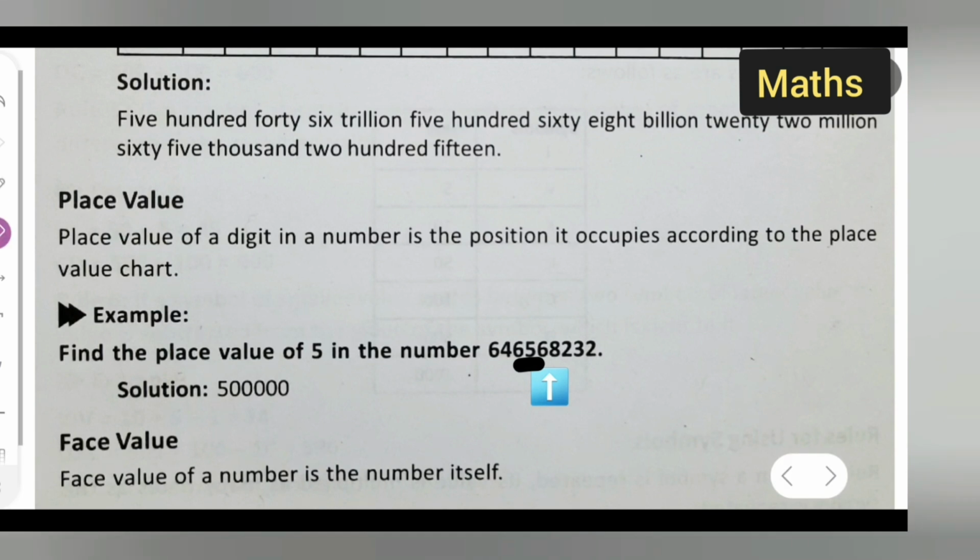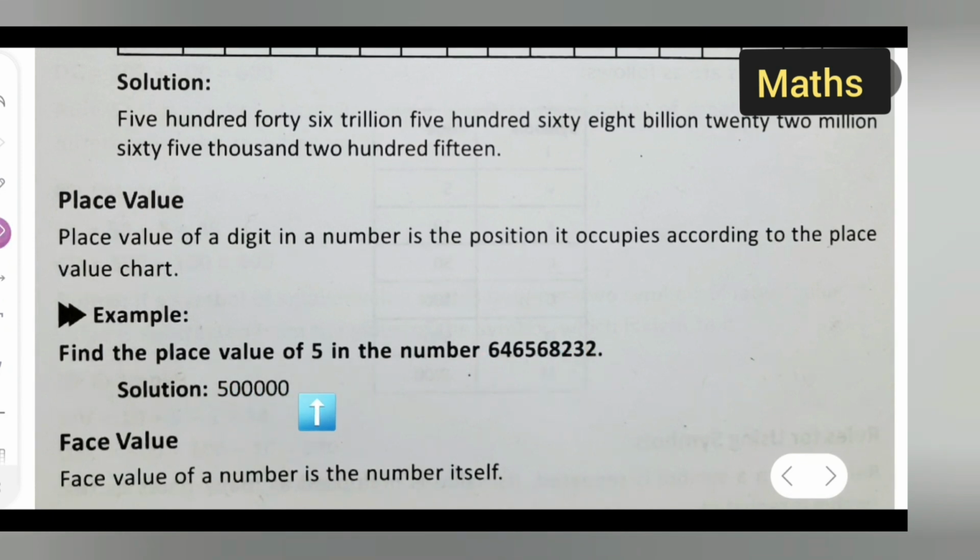Let me rub this part first. You are just looking for this 5, right? So ones, 10, 100, 1000, 10,000. So it will be 50,000. How many zeros will it have? 1, 2, 3, 4, 5 zeros.